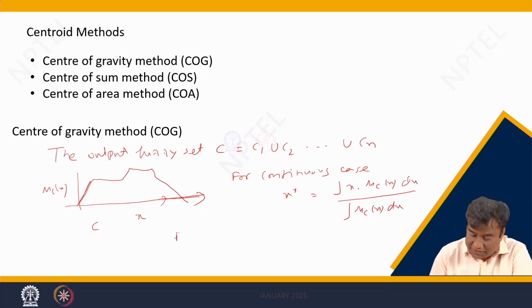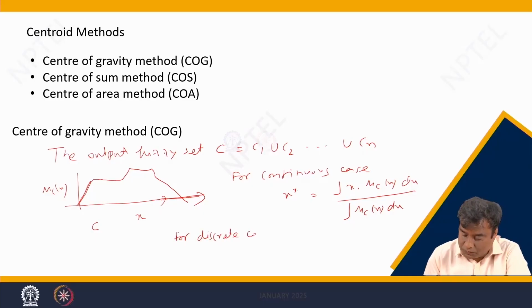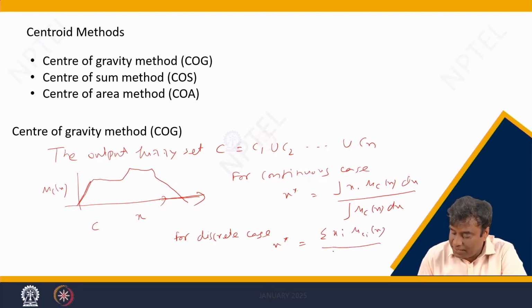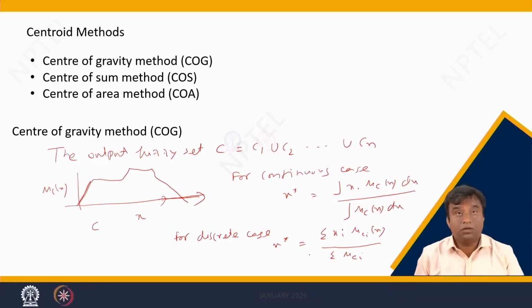For the discrete case, x star equal to summation of xi mu Ci(xi) divided by summation of mu Ci(xi). So this is the center of gravity method.